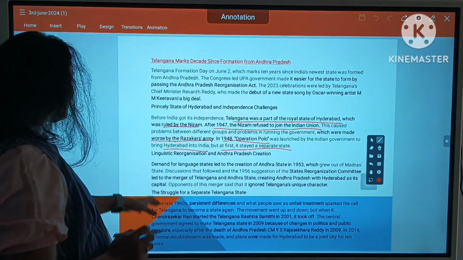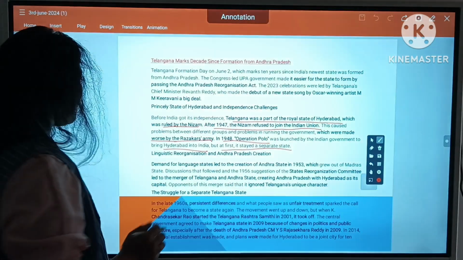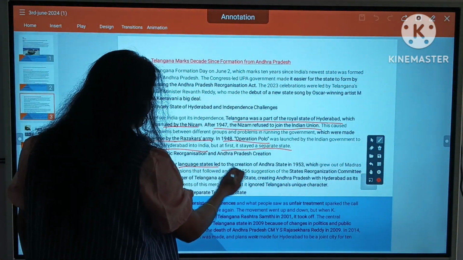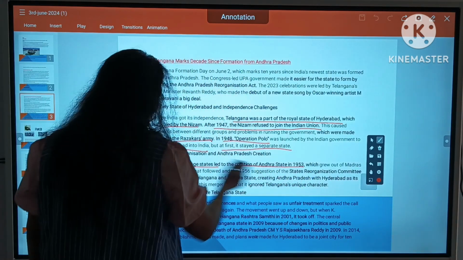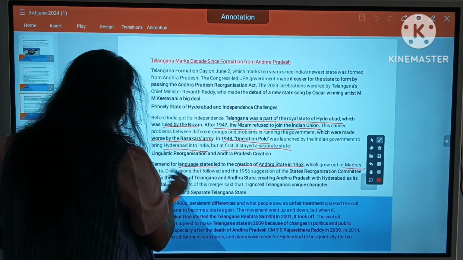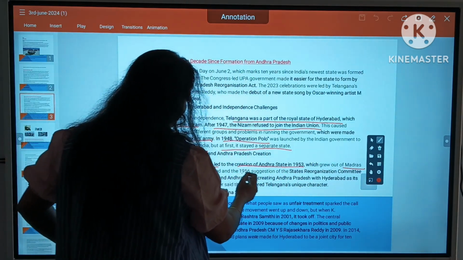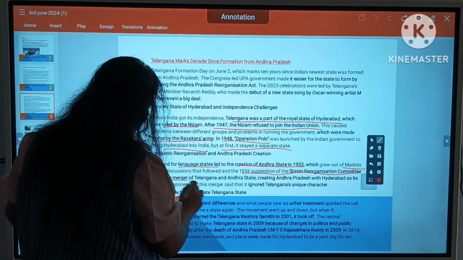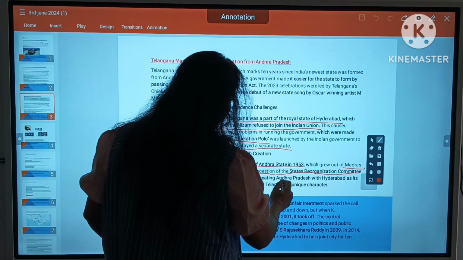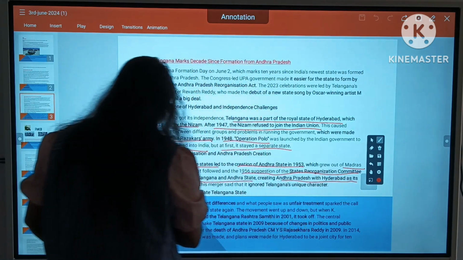Okay, linguistic reorganization I already told you. Okay, demand for language status led to creation of Andhra Pradesh in 1957, from Madras state. Okay. And 1956 suggestions of State Reorganization Committee led to the merger of Telangana and Andhra Pradesh state, creating Andhra Pradesh with Hyderabad as its capital.